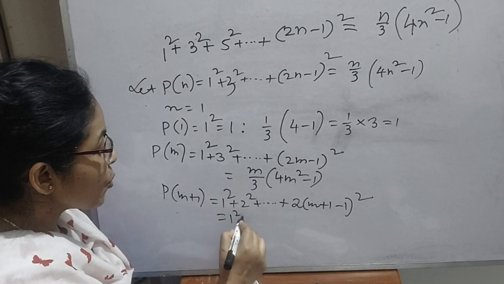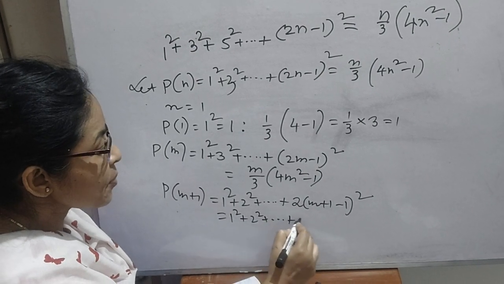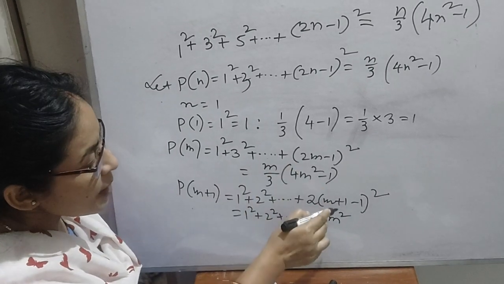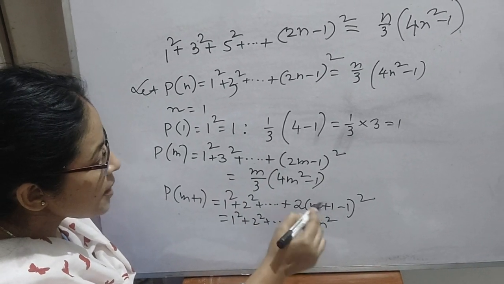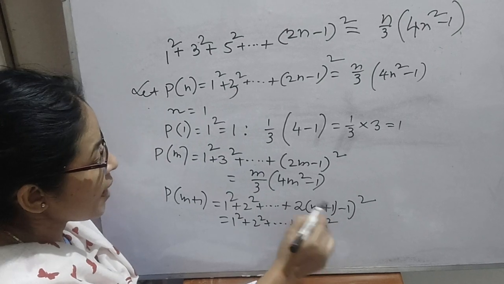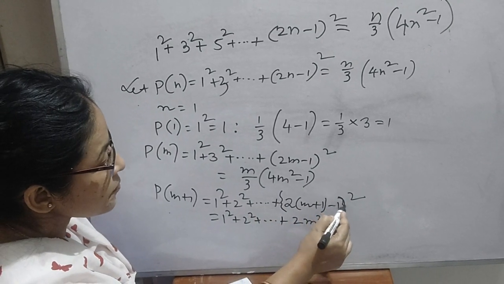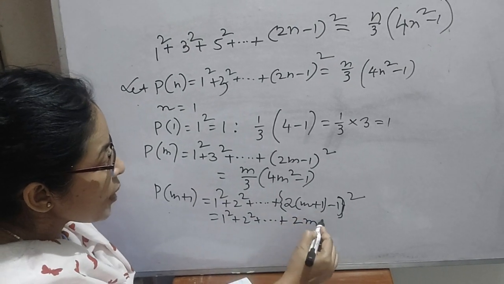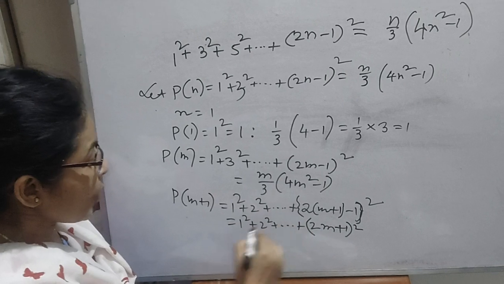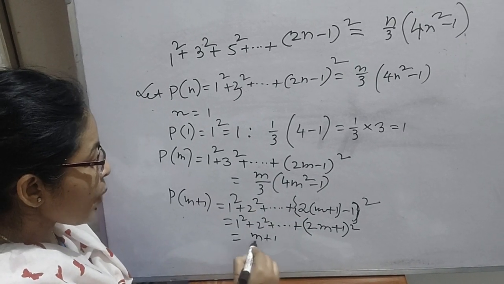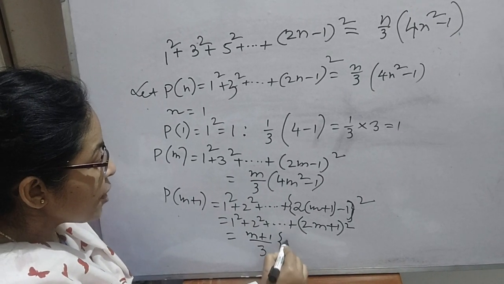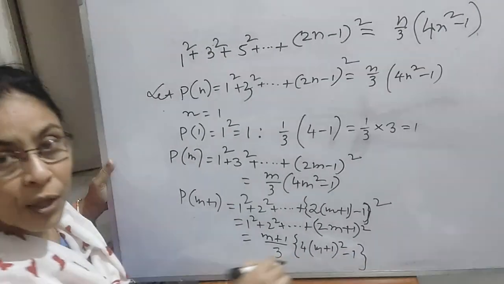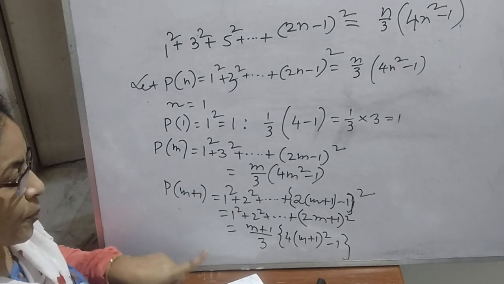That means m is replaced by m plus 1, so the last term is (2m plus 1) whole square. This equal to (m plus 1) by 3 into (4 (m plus 1) whole square minus 1). We need to prove this.